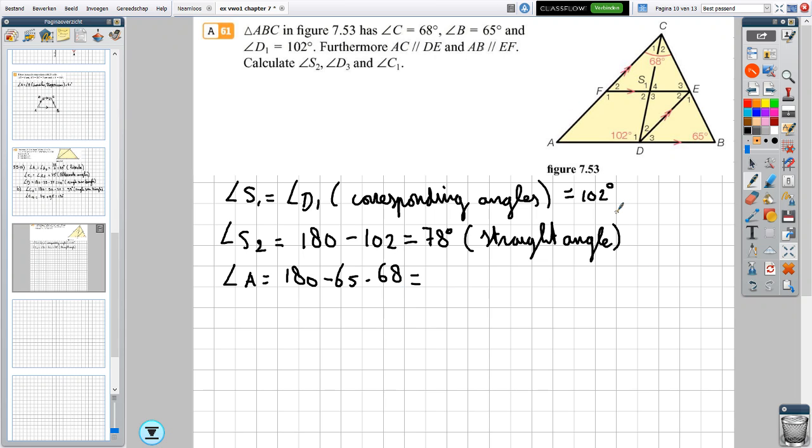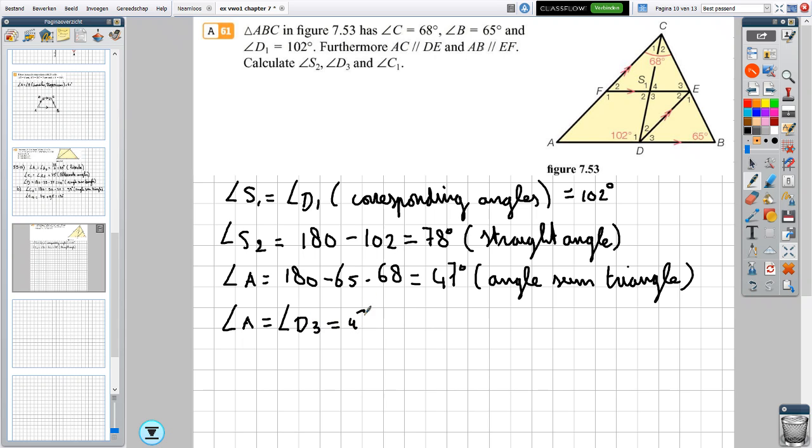In this case, I think it's rather difficult to see that I could use a corresponding angle there. But this is calculated using the angle sum method, angle sum triangle. And now I could say angle A equals angle D3 equals 47 degrees.